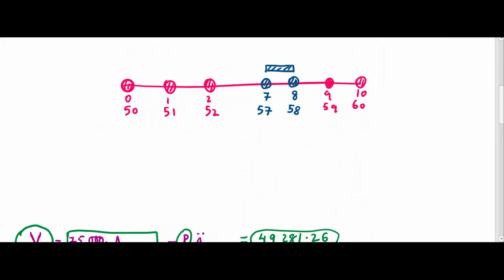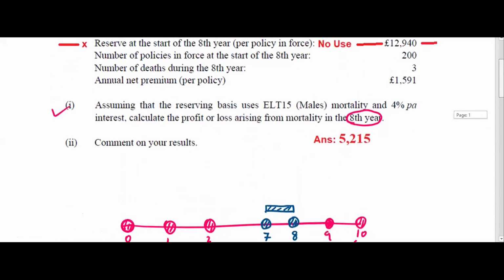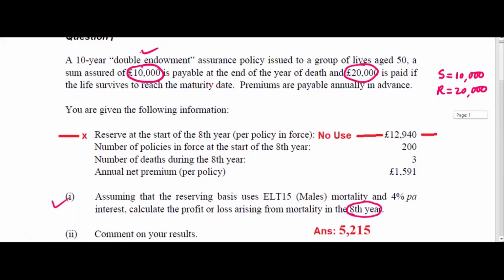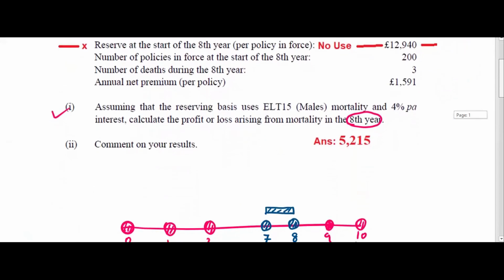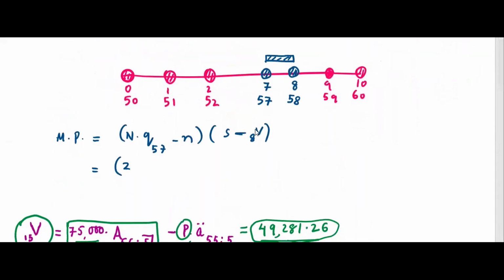So we'll write the formula here. Mortality profit is equal to N into Q57 into (S minus V(t+1)). N is given here. This one you can see from table.